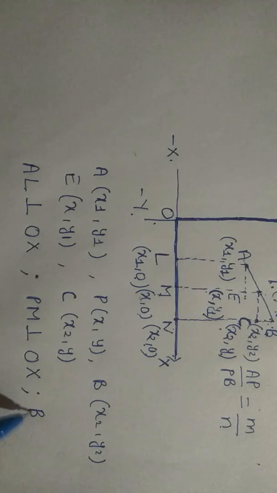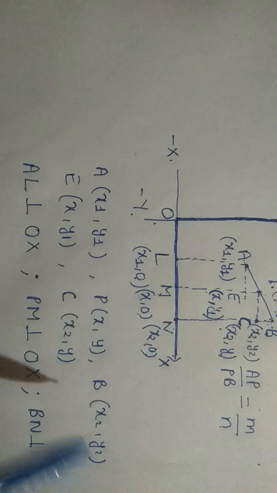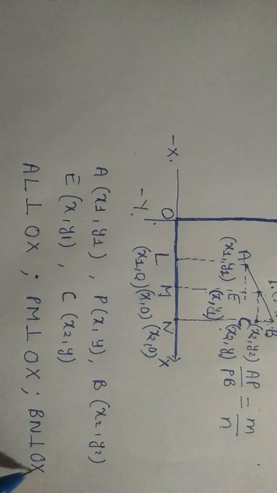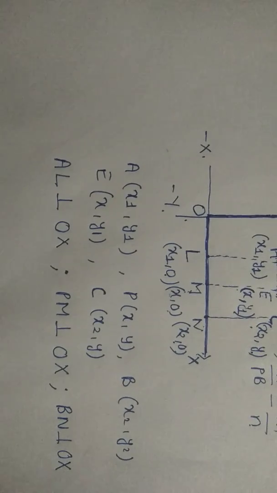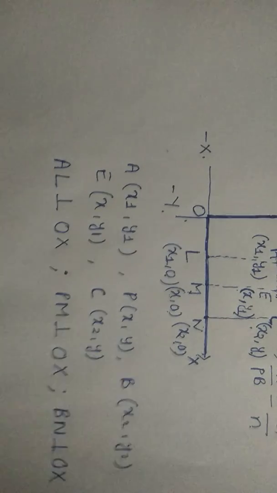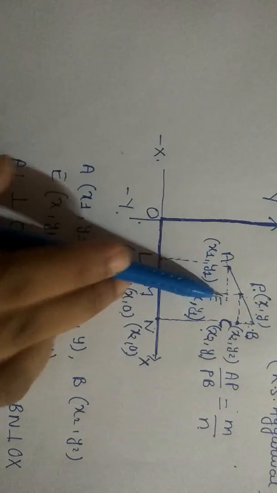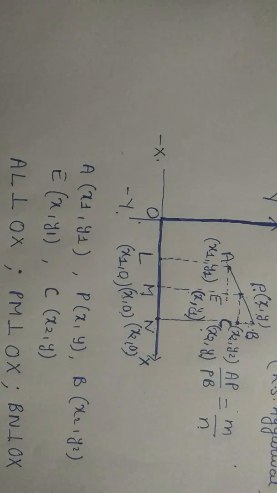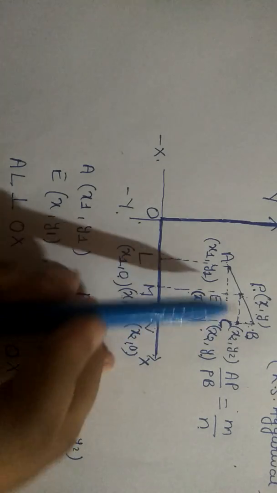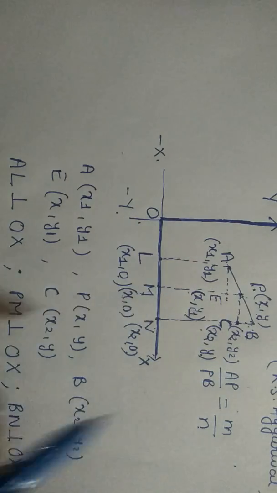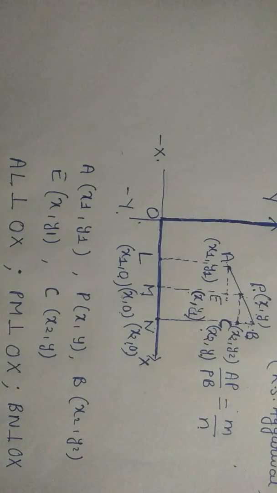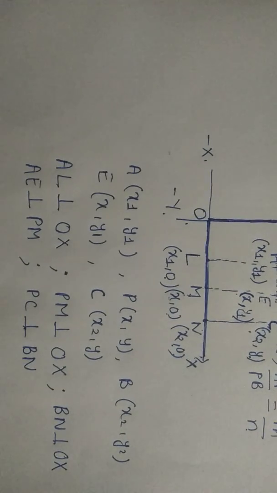Similarly BN perpendicular हमने ड्रॉ किया था OX पे, तो हमने इसे वर्ड्स के फॉर्म में एक्सप्लेन कर दिया है, ओके। नाउ सिमिलरली हमने परपेंडिकुलर ड्रॉ किया था AE perpendicular on PM. AE is perpendicular on PM, and also PC is perpendicular on BN, okay. So students, these are construction, okay.